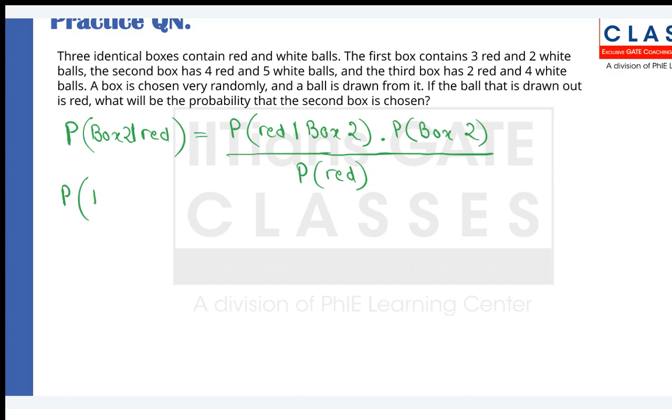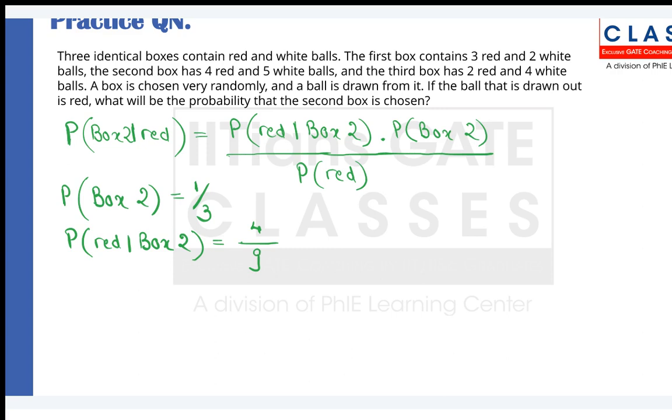First is very simple. What is the probability of choosing box 2? One third, because you have three boxes and you choose one of them. So 1 by 3. What is the probability that it is red given you have chosen box 2? Box 2 has 9 balls, and any of the 4 could be a red one, correct?